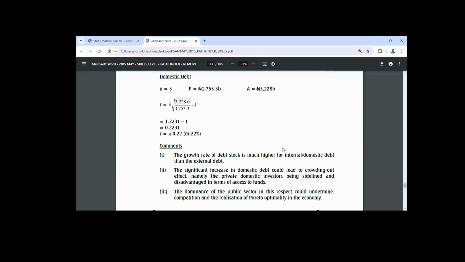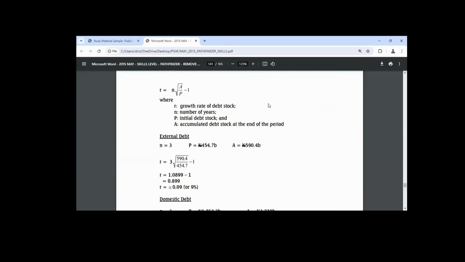So internal debt ratio and debt growth rate. Do we have any question?